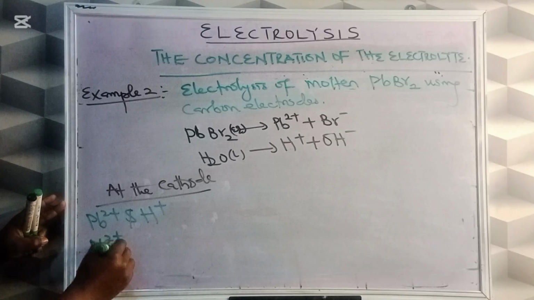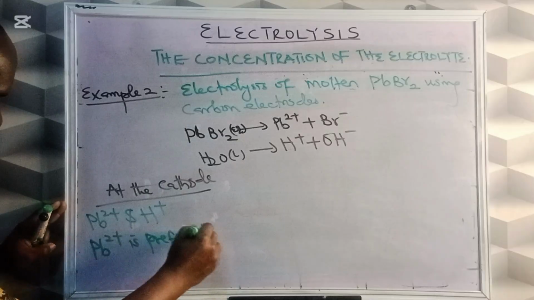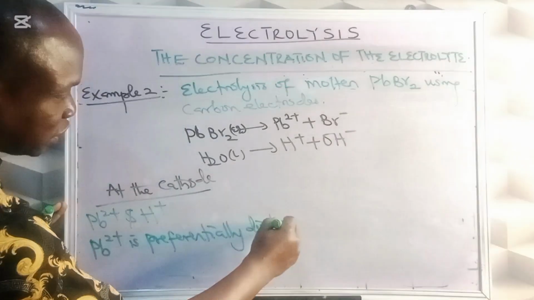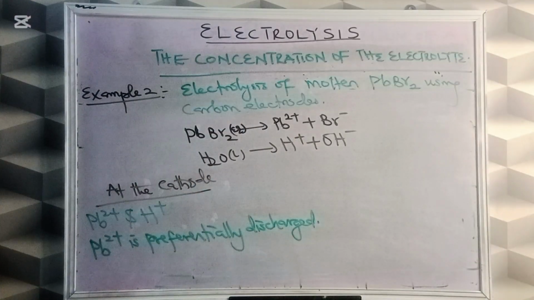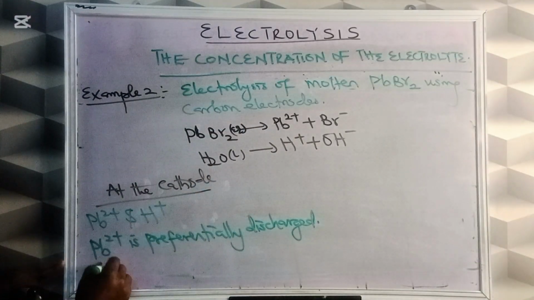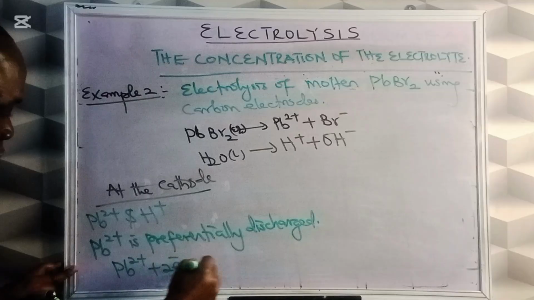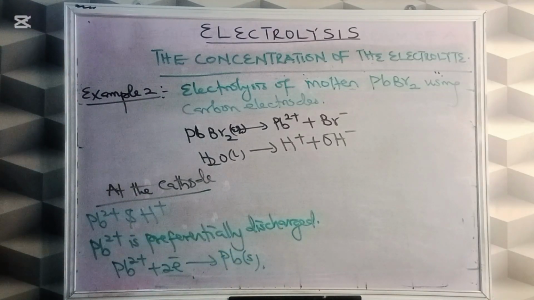So we say the Pb2+ ion is preferentially discharged. It gains 2 electrons to give lead. So lead metal is deposited at the cathode. Please take note of that.